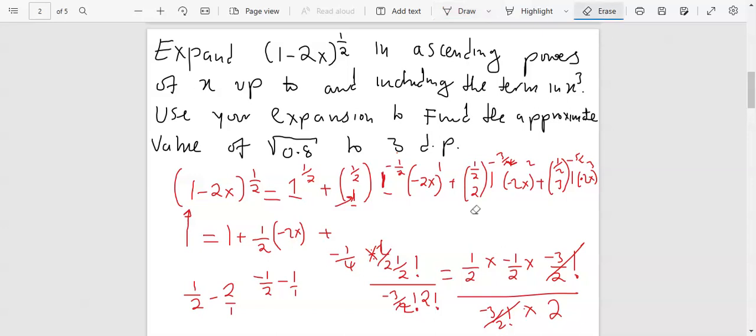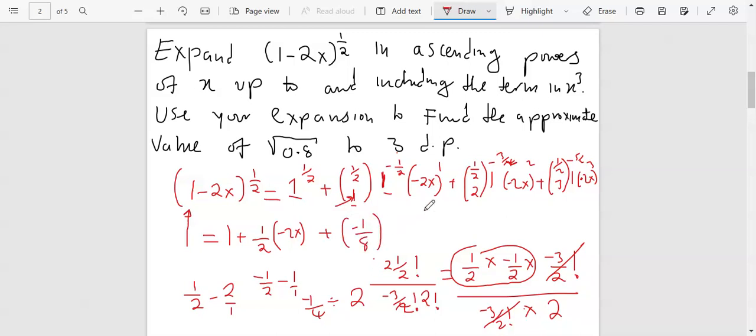I don't know if this is clear. Negative 1 over 8. Multiply these two, that will be negative 1 over 4. Divide by, the denominator has got a 2 there, so divide by 2, which you can also say times, and then the 2 comes down to be negative 1 over 8.